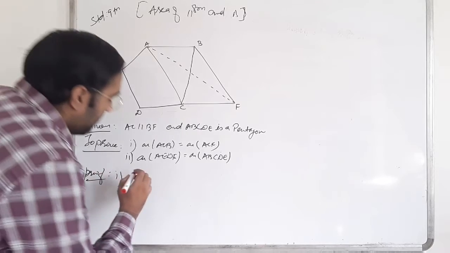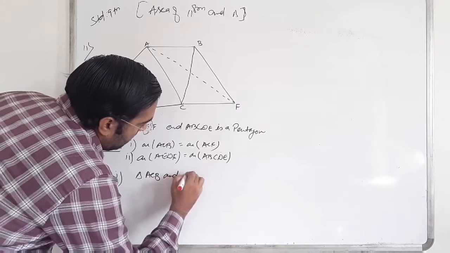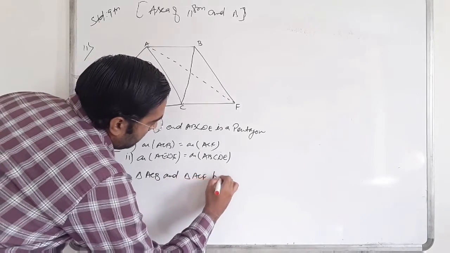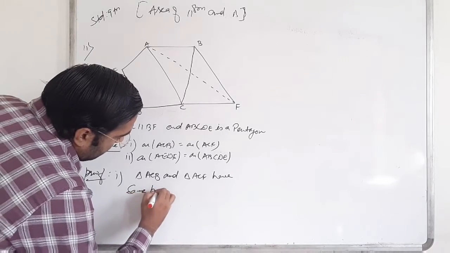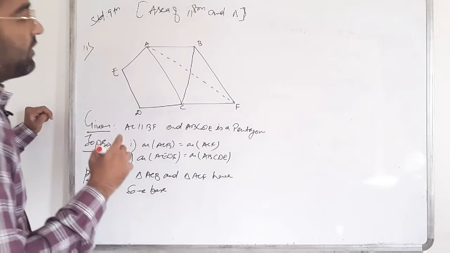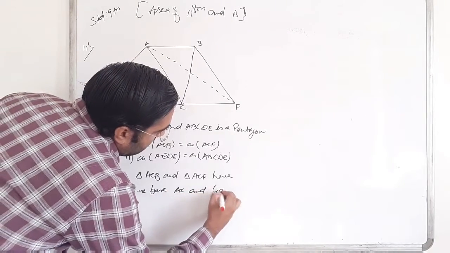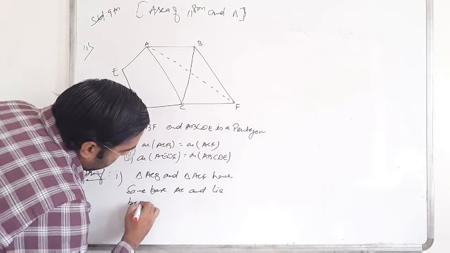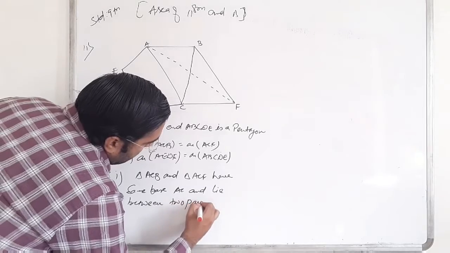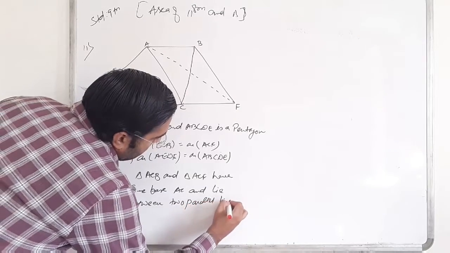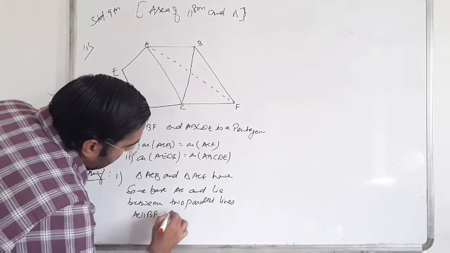So triangle ACB and triangle ACF have the same base AC, and lie between two parallel lines, AC parallel to BF.